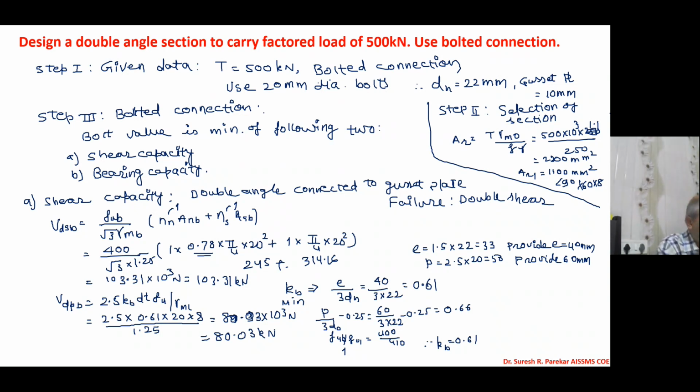From this, we are clear that the minimum value is the bolt value, so we can write VD equal to 80.03 kilonewtons.